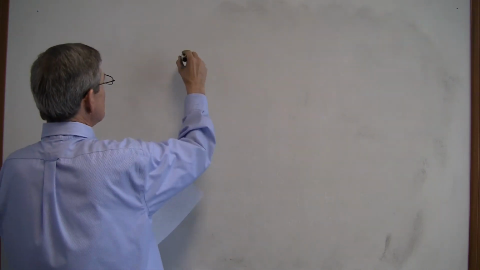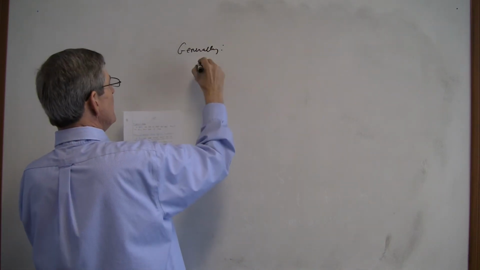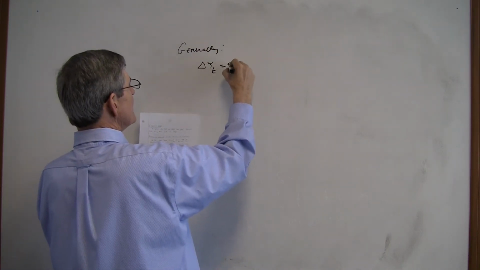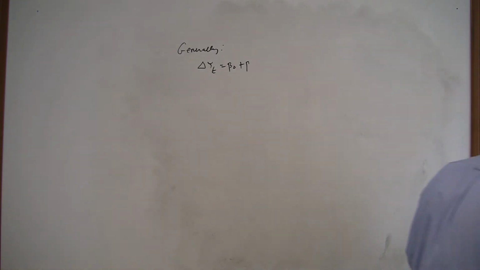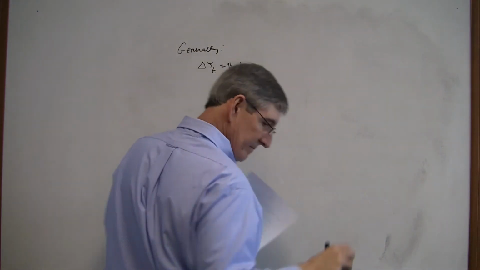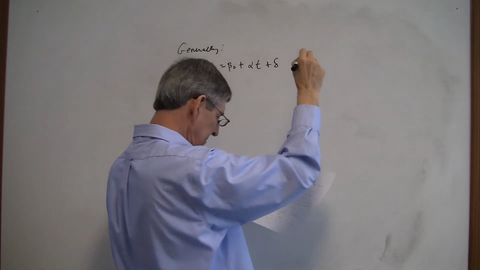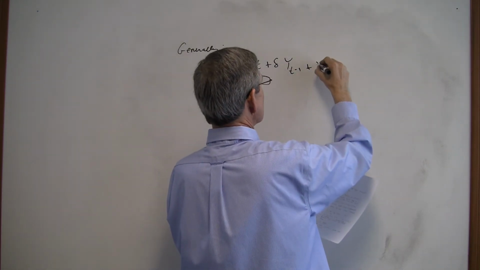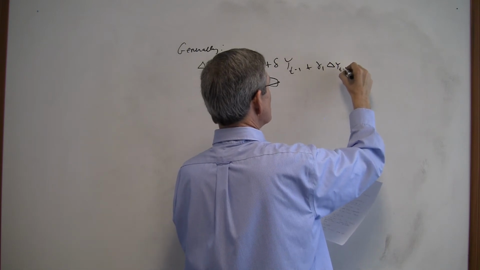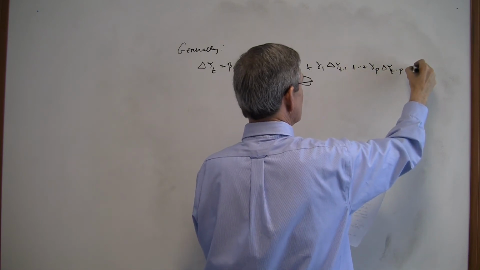So generally, the model that you use is Δy_t is beta 0 plus alpha t plus delta y_{t-1} plus gamma 1 Δy_{t-1} all the way out to gamma p Δy_{t-p} plus u_t.